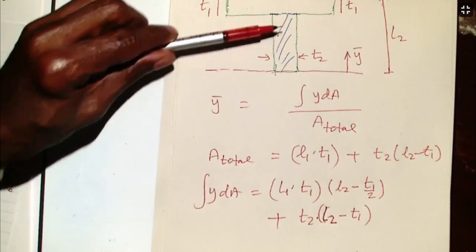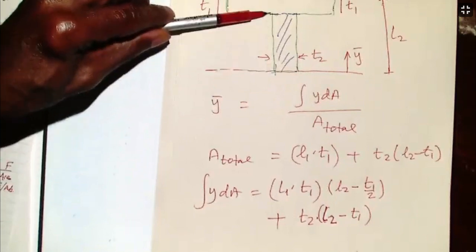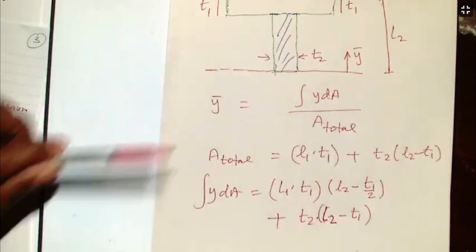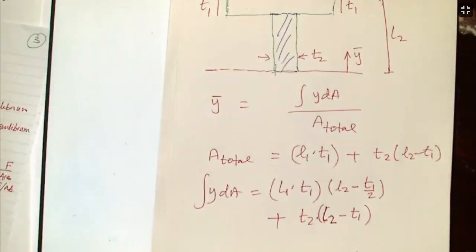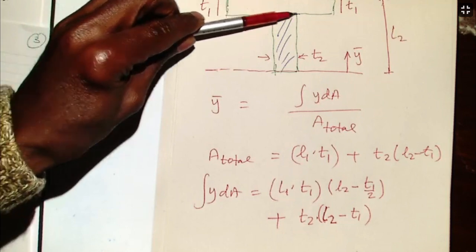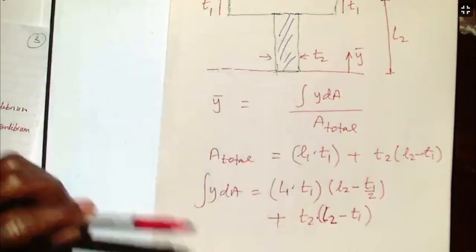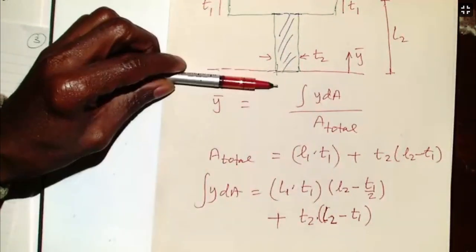So how far is the center of this vertical rectangle from the base? No one knows? Sorry, I didn't get the question. So how far is the center of this vertical rectangle? How far is the center from the base?